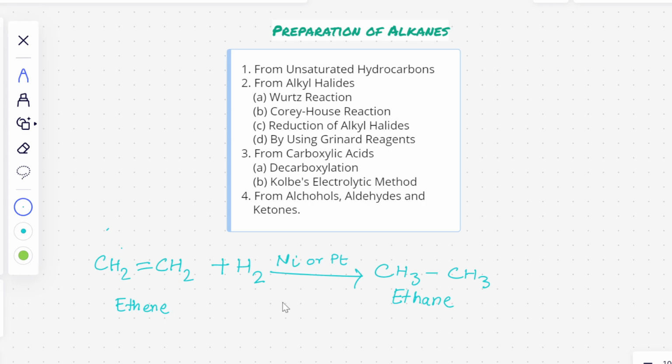We must note that in this reaction the catalyst is nickel or platinum. It could also be palladium, and the rate of the reaction depends on the catalyst, but the catalyst does not take part in the reaction itself.